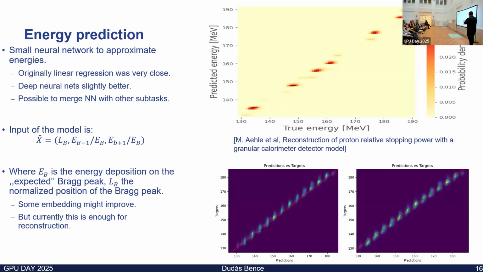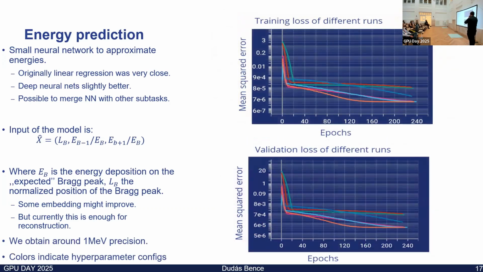Based on this, we can approximate the energies very well. Currently, we can give a prediction with around 1 mega electron volt precision, compared to the original 180 or 200 mega electron volt incoming energies.